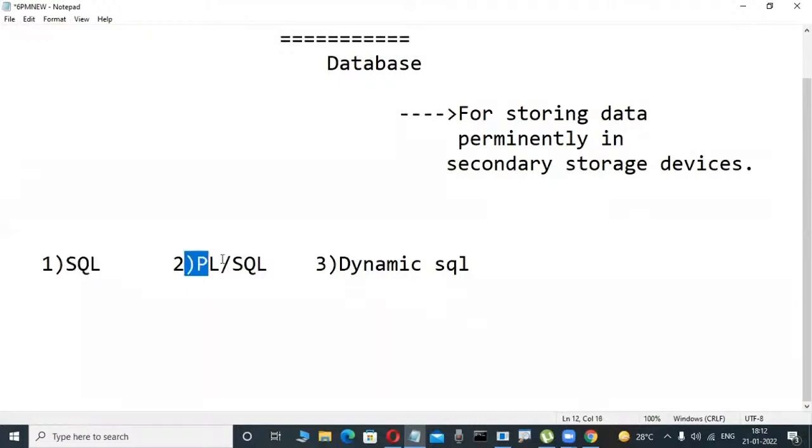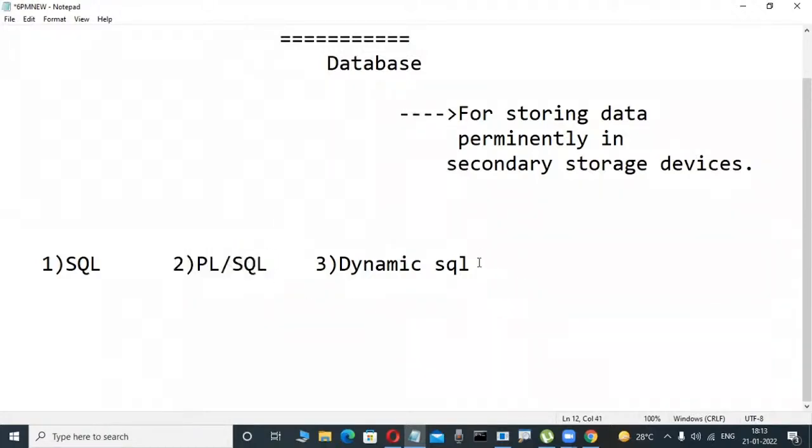But why is PL/SQL, some programming like C++ or Java, required? Why is this language required really? So many jobs are available in PL/SQL also. Why is this language required? Because of so many applications.